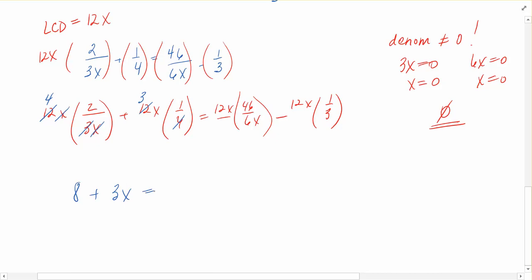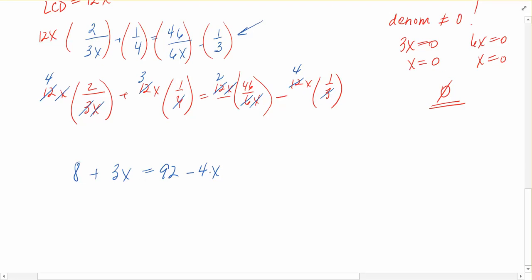That's going to be equal to, x's are going to cancel here, 6 divides into 12 2 times, 2 times 46 is 92, minus 3 divides into 12 4 times, so that would be 4x. So by multiplying the original equation by the least common denominator of 12x, I end up with this nicer equation.